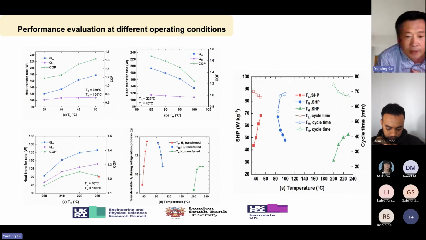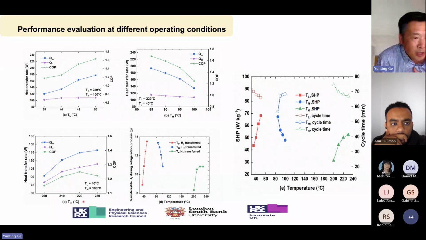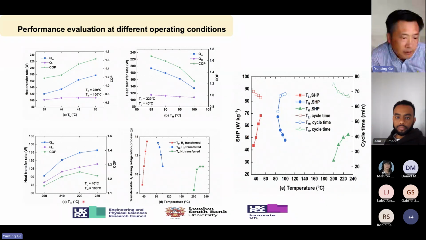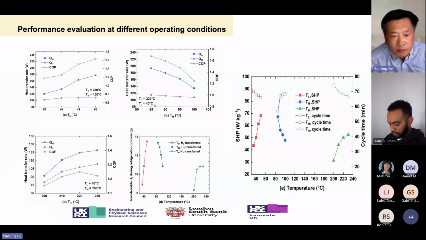In summary, a higher low grade heat source temperature can benefit the system performance, and there is an optimum high grade heat source temperature which gives the maximum COP. But for the medium temperature, the heat output temperature, the lower the better for system performance.